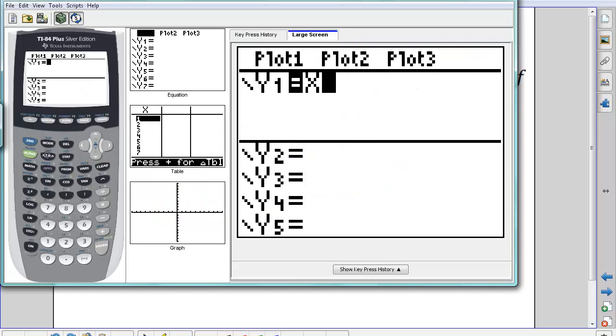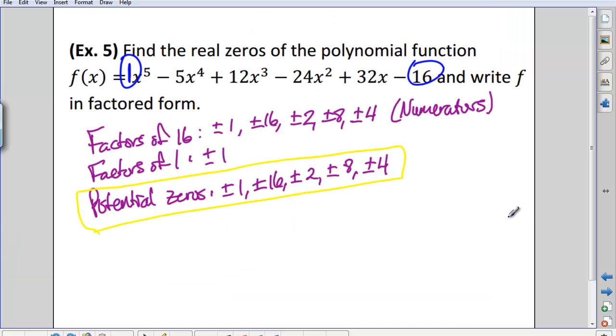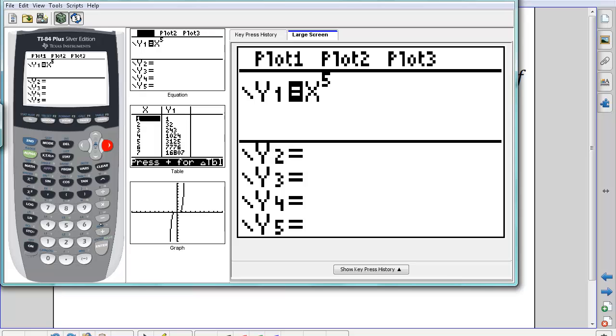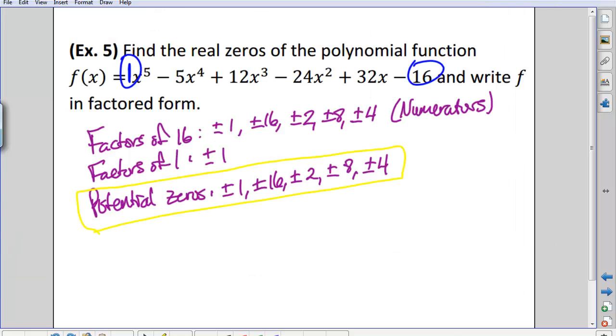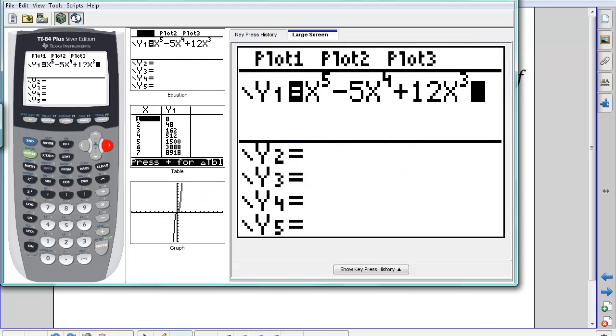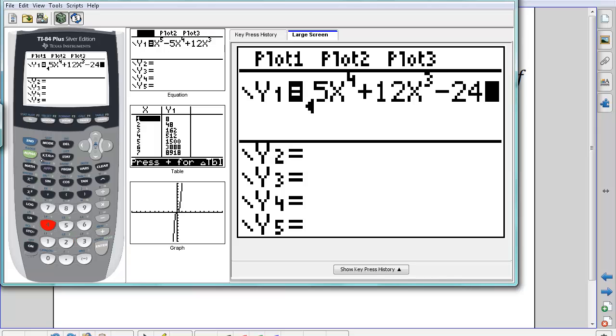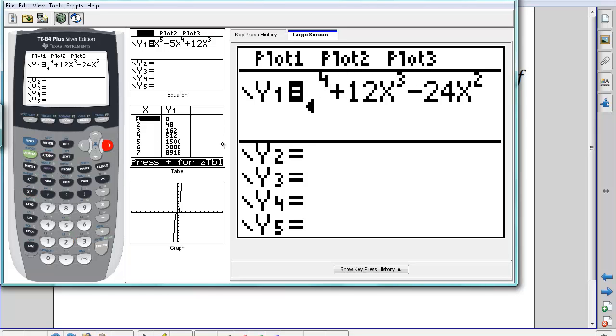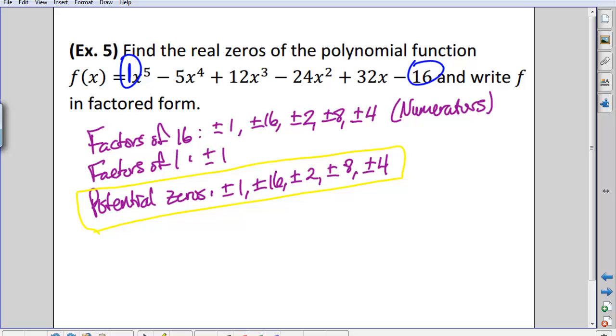We've got x to the 5th, minus 5x to the 4th, plus 12x cubed, minus 24x squared, plus 32x minus 16.